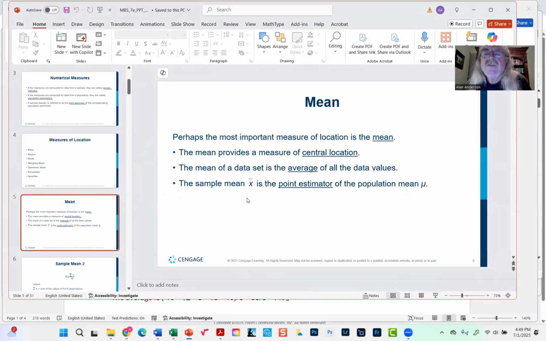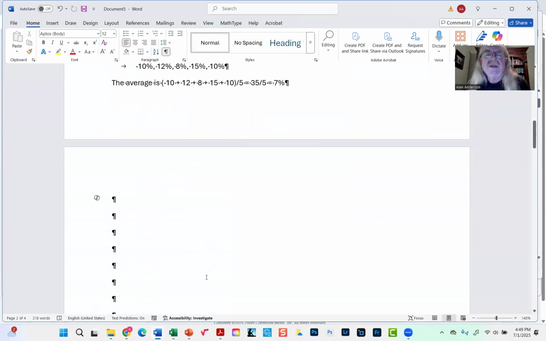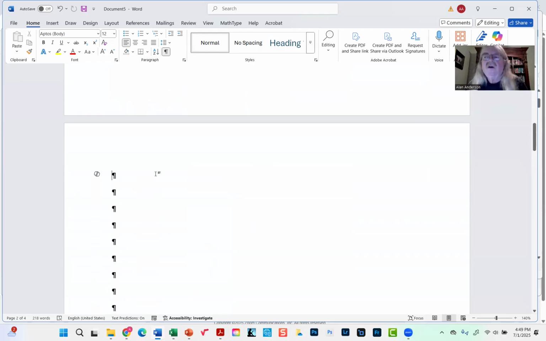And now here we're going to introduce some new notation. I don't think they mentioned this earlier, but because our measures are defined for both samples and populations, we'll often use different notation to represent them. So here's how this is going to work.